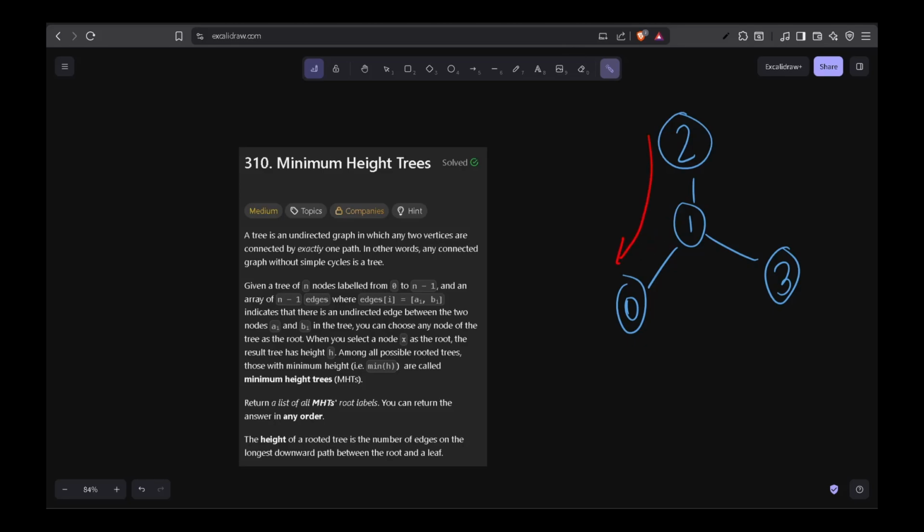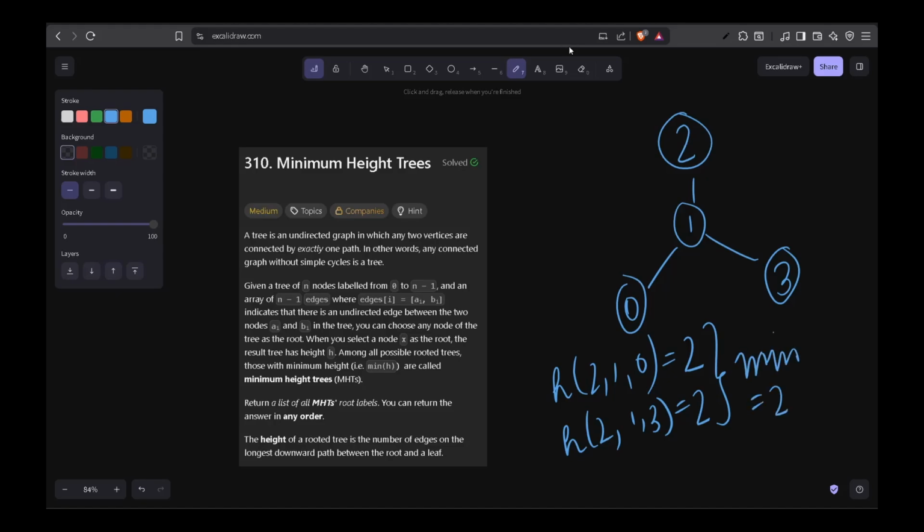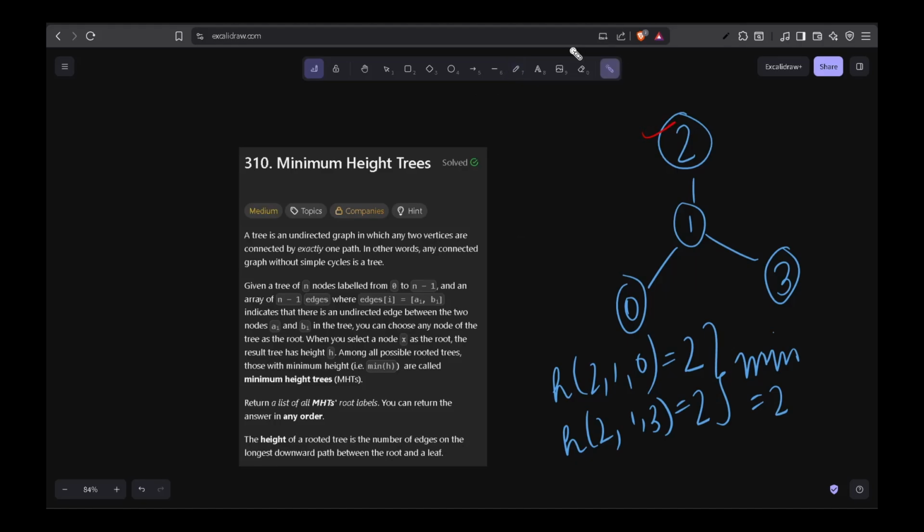So from 2 to 0 there are 2 edges. So the height of 2, 1, 0 is 2, right? Let's write that down. Height of 2, 1, 0 is 2. Similarly, height of 2, 1, 3 is also 2. So the minimum possible height is 2 when we choose 2 as the root node.